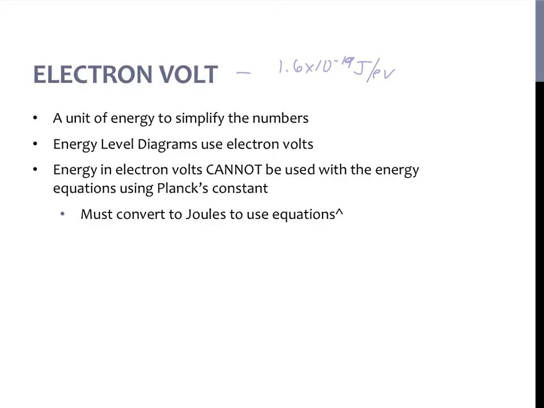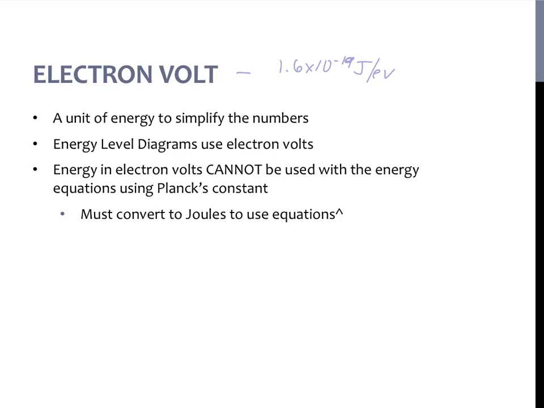So for every electron volt, you have 1.6 times 10 to the negative 19 joules. So electron volts are the unit of energy used on energy level diagrams. So you're going to see later on energy level diagrams, and the energy unit they use is electron volt.